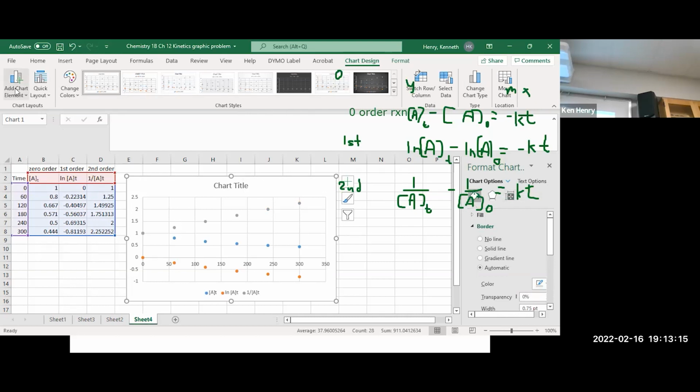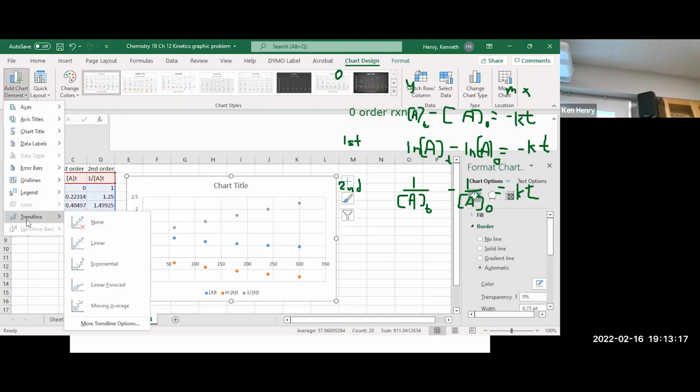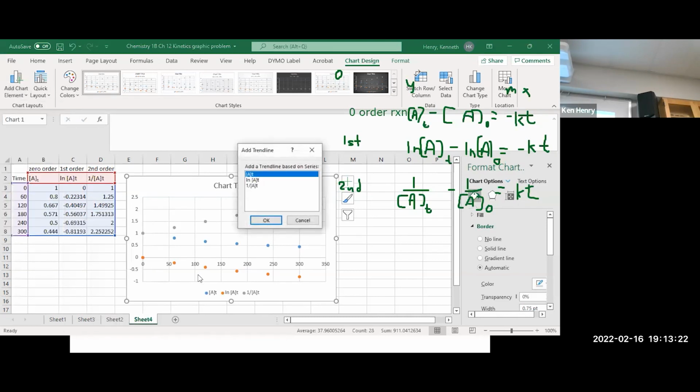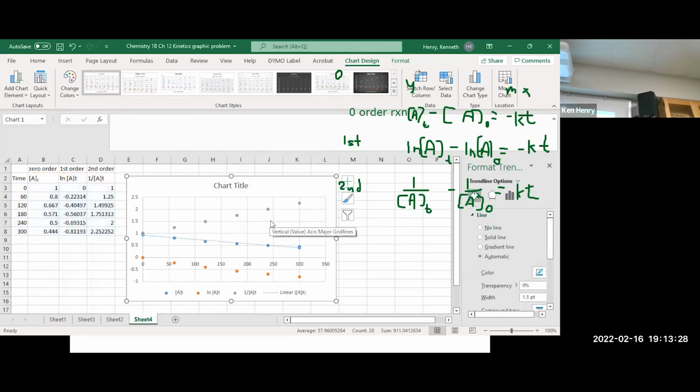So we're going to add trend lines to everything. We'll go ahead and hit trend line. First one. Here's the data.